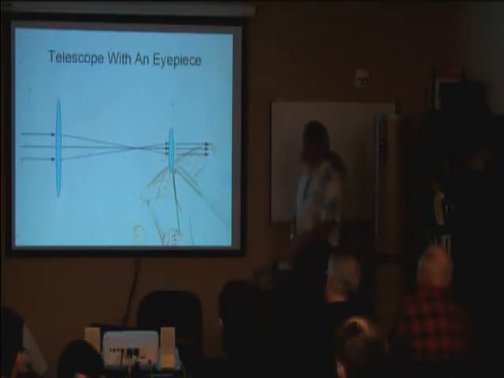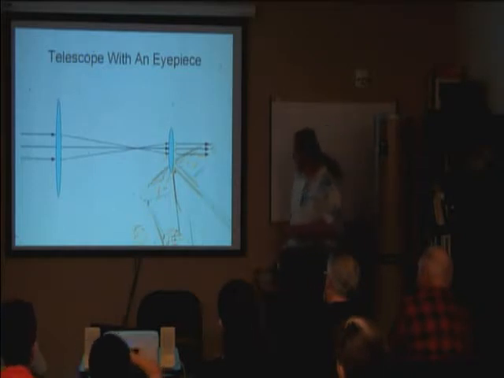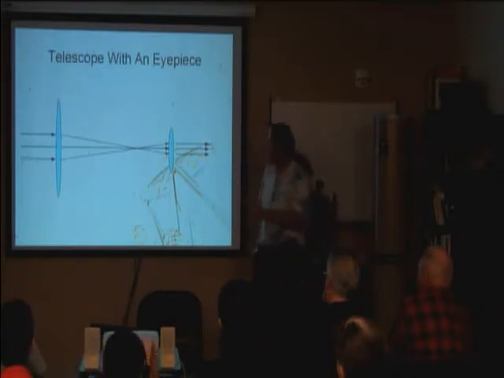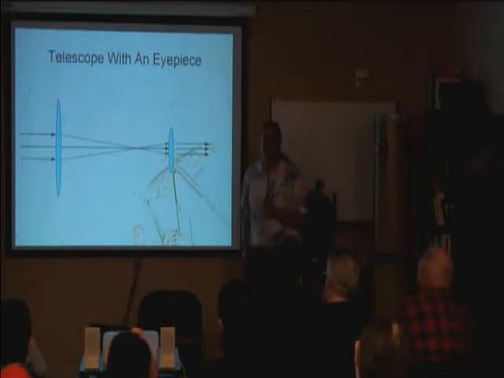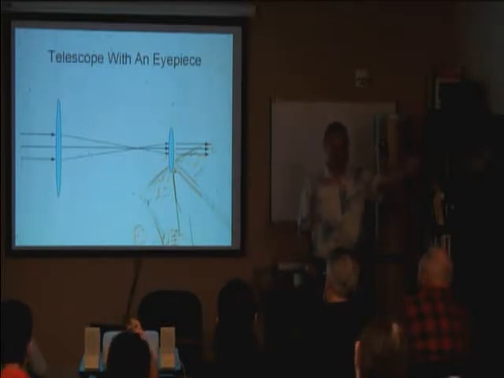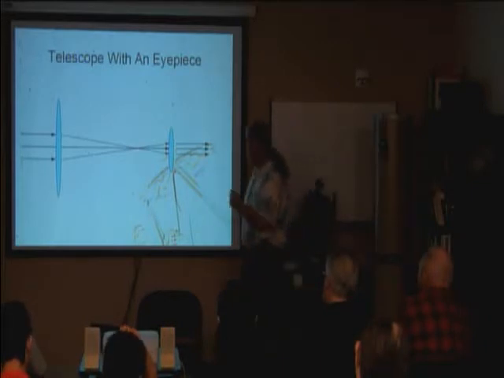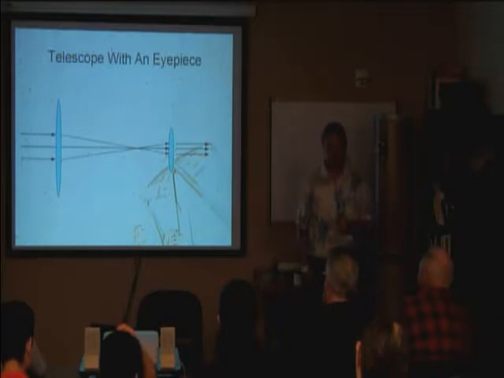Thank you. So let's talk about a telescope with an eyepiece. Let's have a lens in front that has a long focal length, and then a lens in back that has a short focal length. Okay? Is everyone comfortable with that? All right.